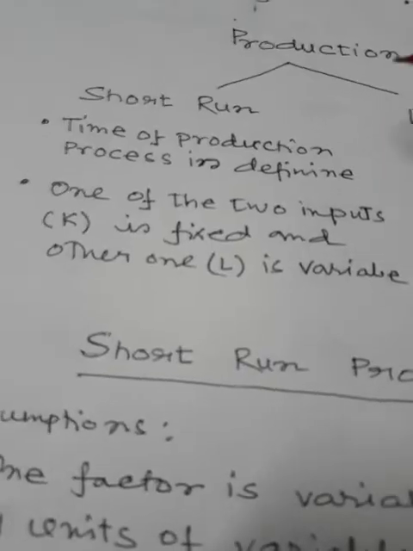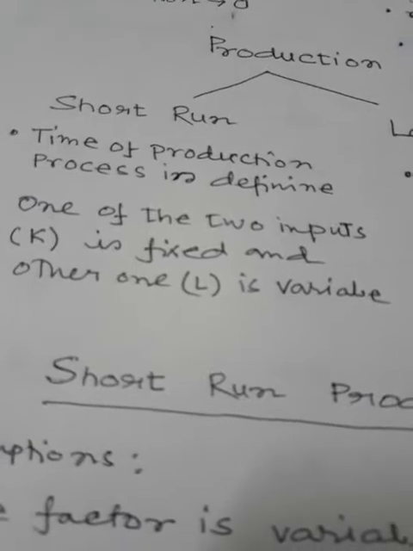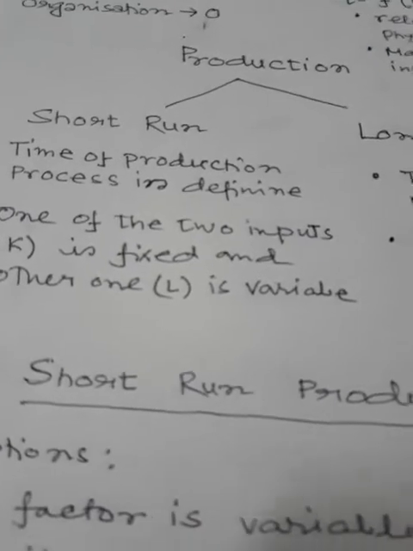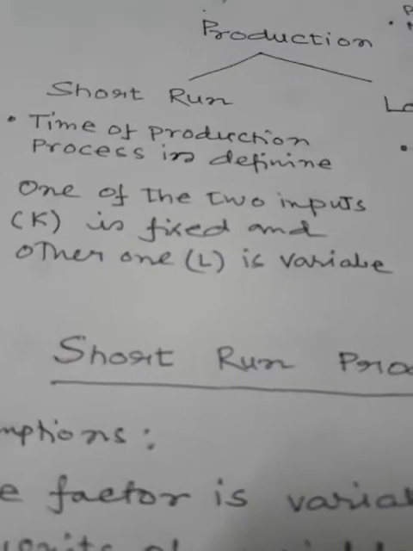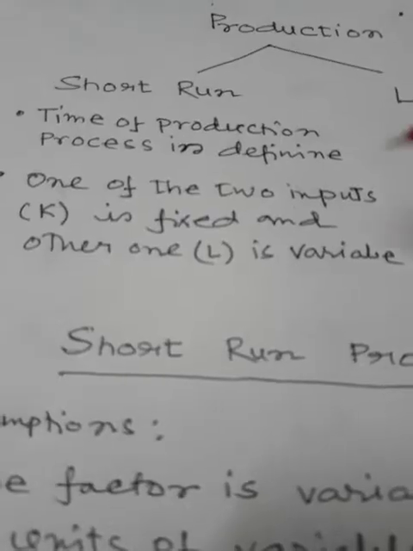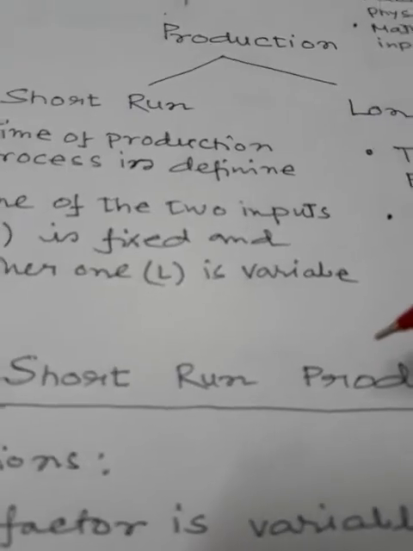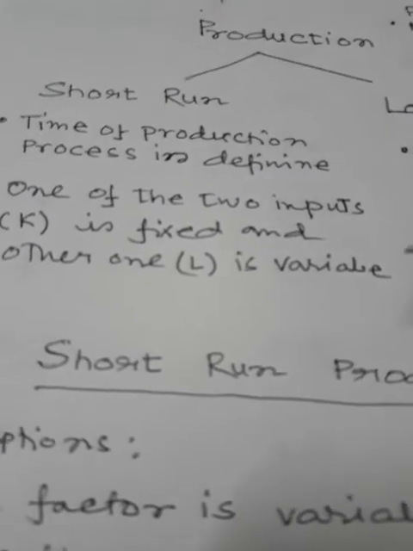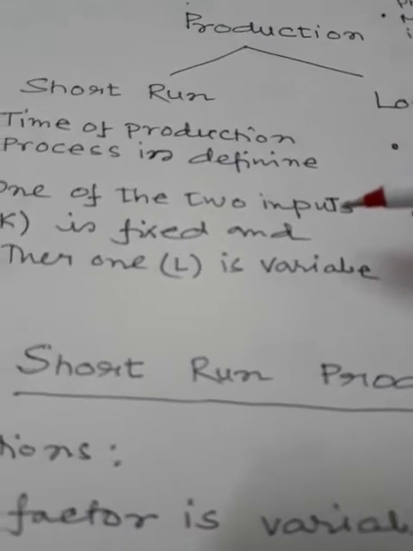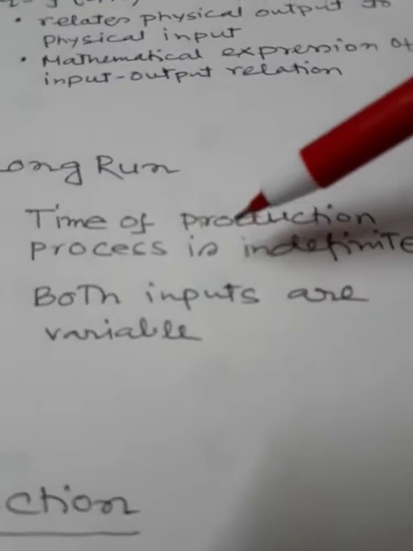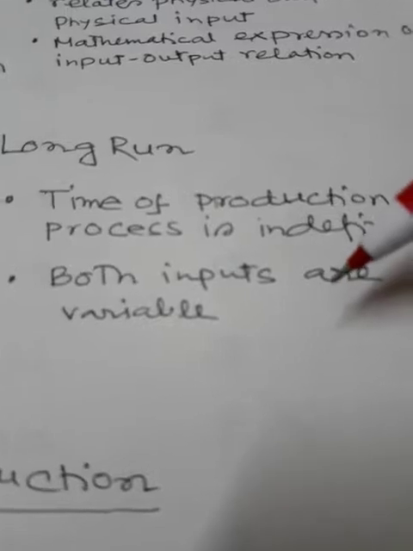And what is that? In case of short run, among the two inputs, labor and capital, one is fixed and one is variable. So, in short run, capital is always fixed, labor is variable. If you want to change the output in short run, you have to change the labor. Capital is fixed here. But in case of long run, both inputs, labor and capital, are variable.